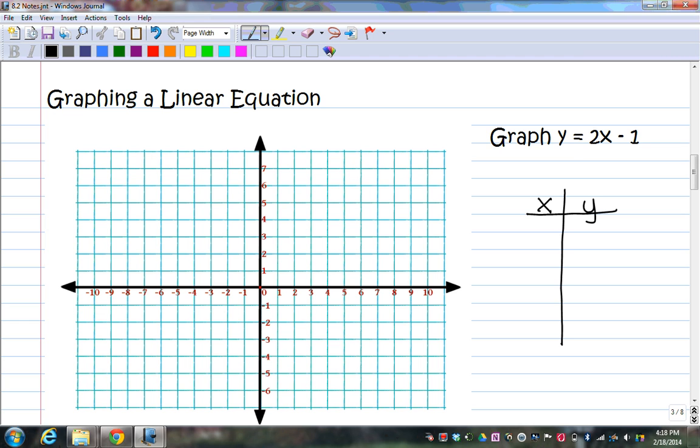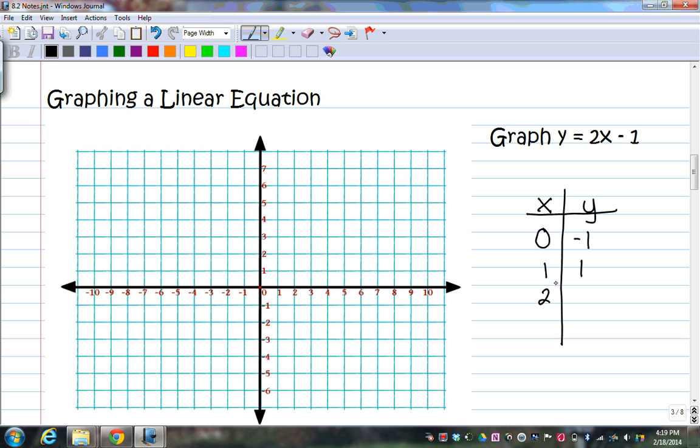So the thing that I always like to start with is I like to use 0 for x. Because if I put 0 in here, that means that that whole first term is wiped out, and y is just negative 1. If I put in 1 for x, then this first term would be 2 minus 1, and y would be 1.